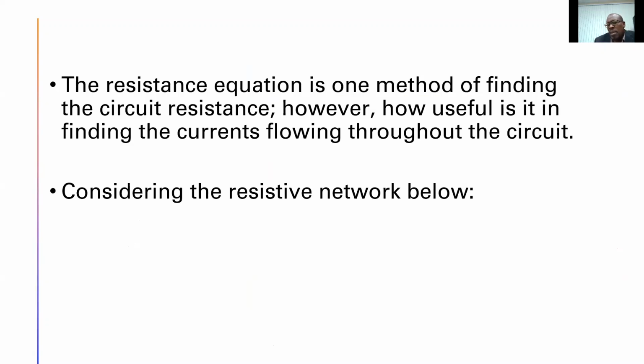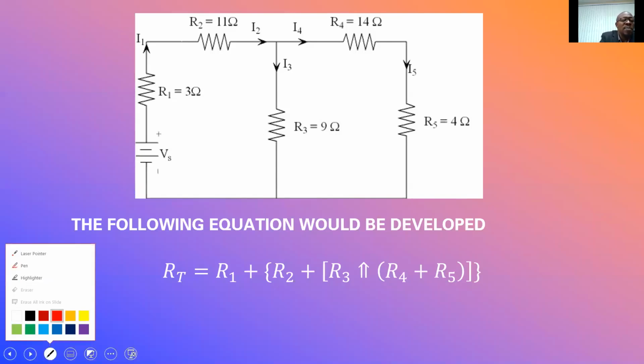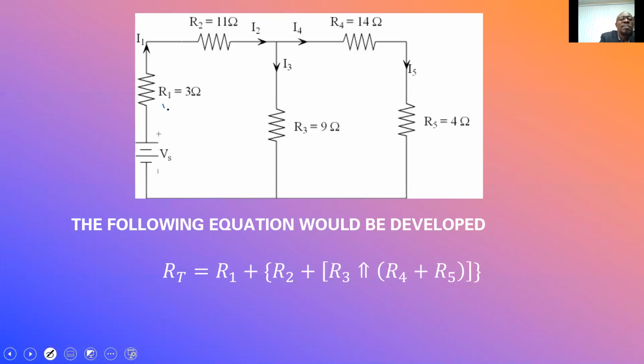Now, let's consider this network where we have 5 resistors, and the resistance equation, as shown, will be developed. For this equation, we'll have R1 in series with the rest of the circuit.